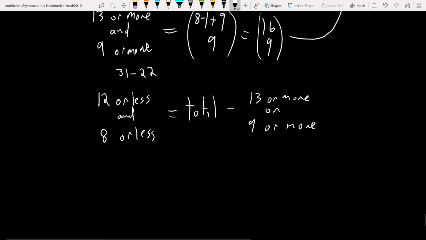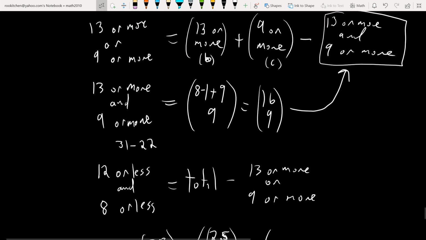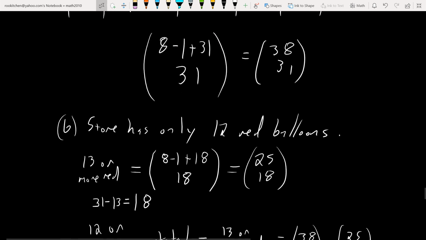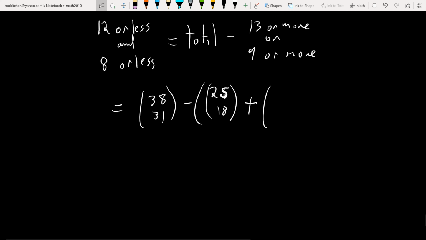And of course that'll turn out to be 38 choose 31, minus, from part B, 25 choose 18, plus the one from part C, which is 29 choose 22.